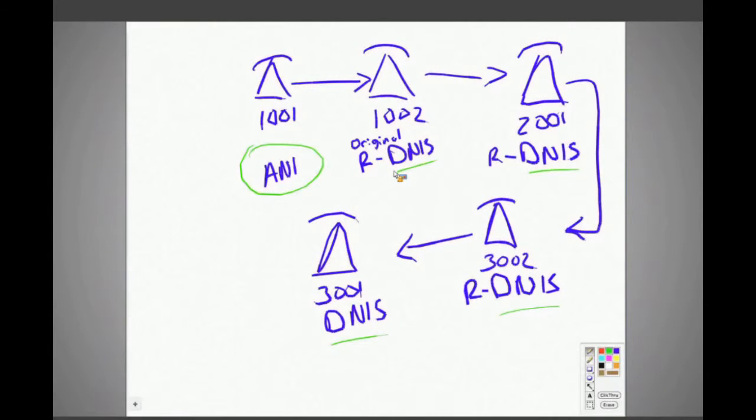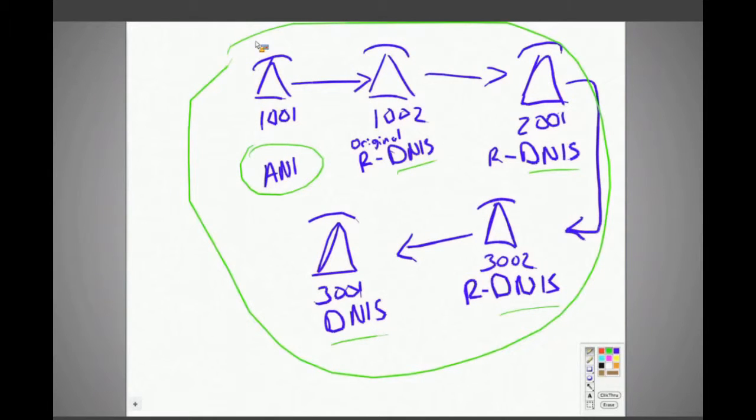As we go along, each DNIS, if it forwards, becomes an RDNIS, or a redirecting number, or a forwarding number. But all of this information is kept through the entire life of the call.